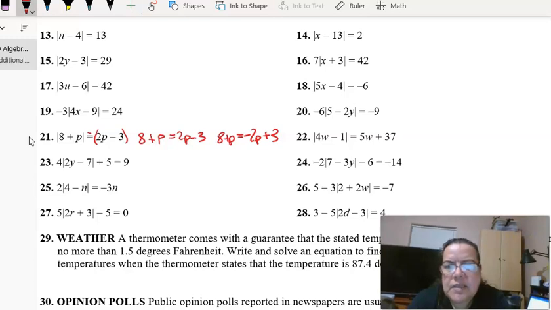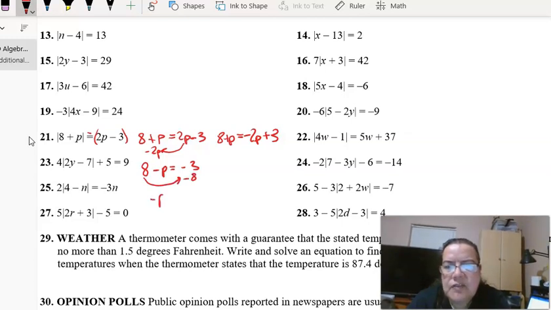So in this case, I'm going to bring my 2p this way, which brings it -2p. And so therefore on this side, I'm going to end up with 8 minus p is equal to the -3. And then I can move the 8 to this side, becomes a -8.